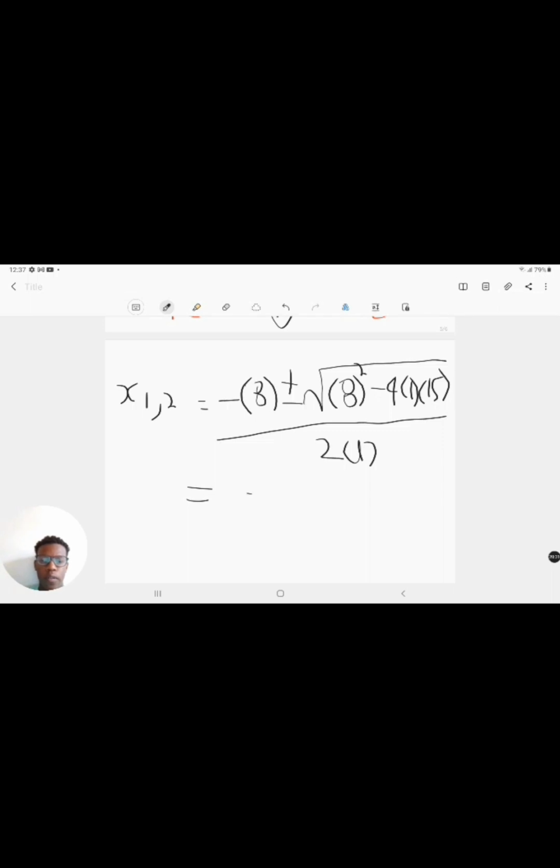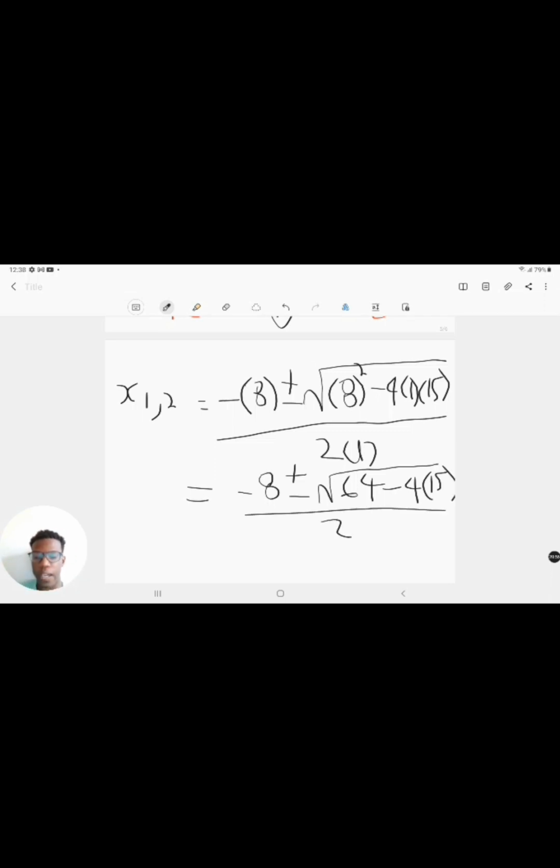Right, and then if you solve this, you're going to have minus 8, then you're going to have plus or minus the square root of 64 minus 15 times 4. Let me just say minus 4 times 15. I'm just substituting now.